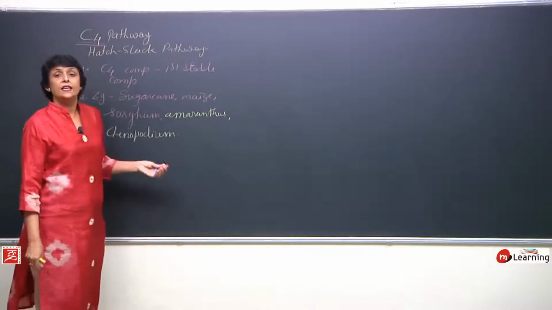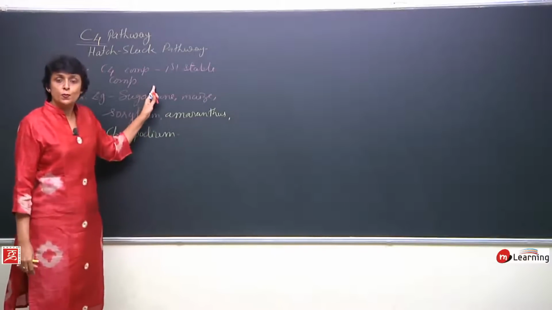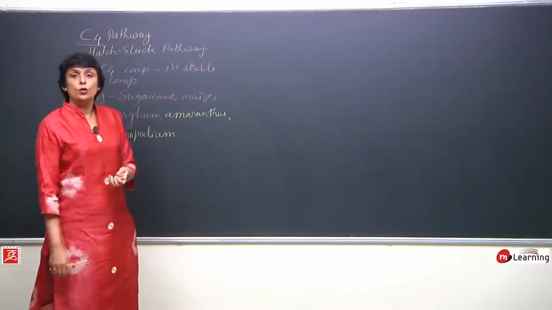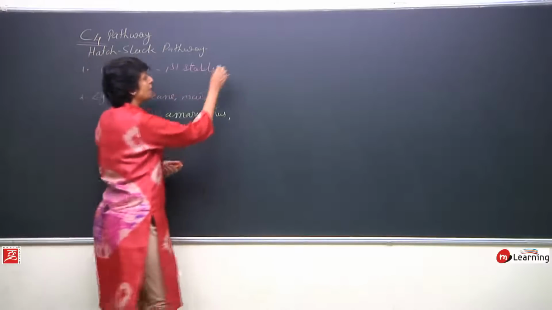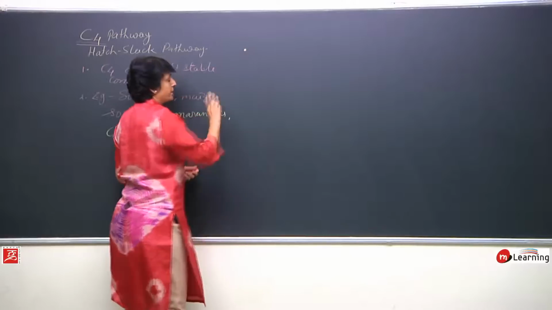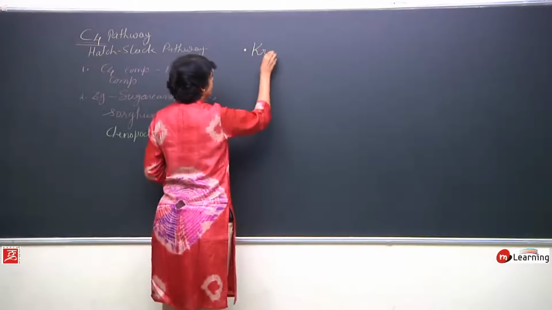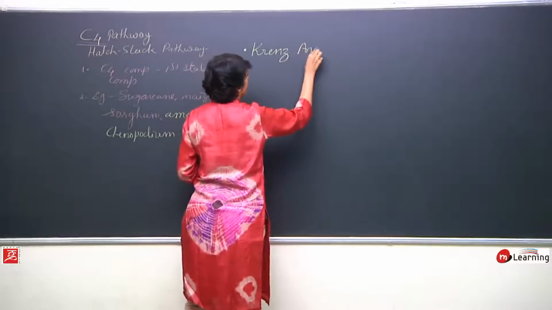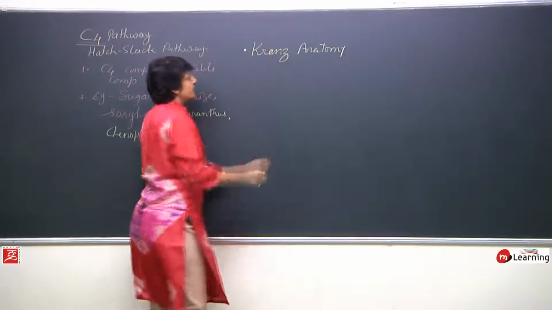Now, what exactly are the changes or adaptations in C4 plants by which they are able to avoid the loss due to photorespiration? Those changes are mainly of two categories. One, they have Kranz anatomy.